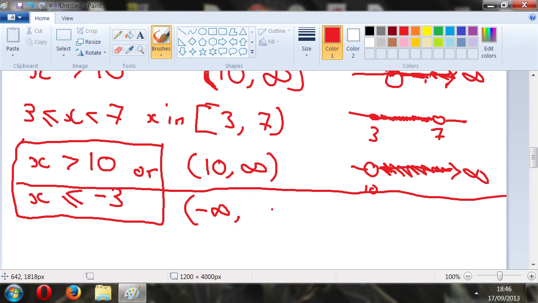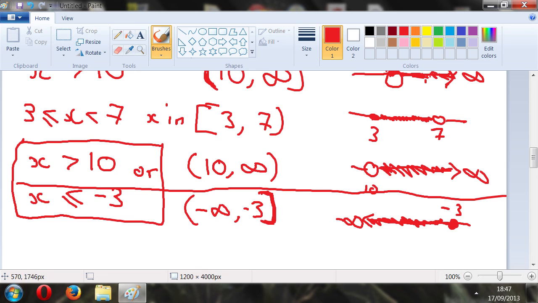But it can be equal to -3, so we've got to have a closed interval. So we'll put -3 there, and we'll put a closed interval here. If we do the line here, we've got -3 over here. So we know -3 is a closed interval, so we can have it in there. That's fine. And anything all the way to -infinity is going to be absolutely fine.